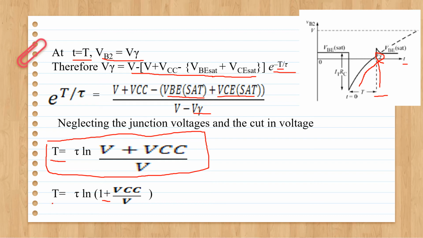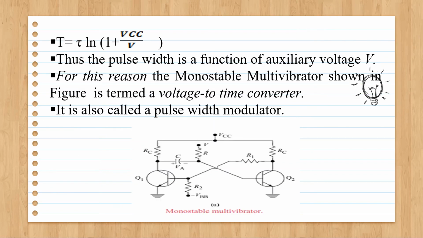Here the pulse width T, the pulse width of the base potential, is a function of the additional voltage source V. Just by changing the value of V, we can vary the pulse width. Thus the pulse width is a function of this auxiliary voltage source.